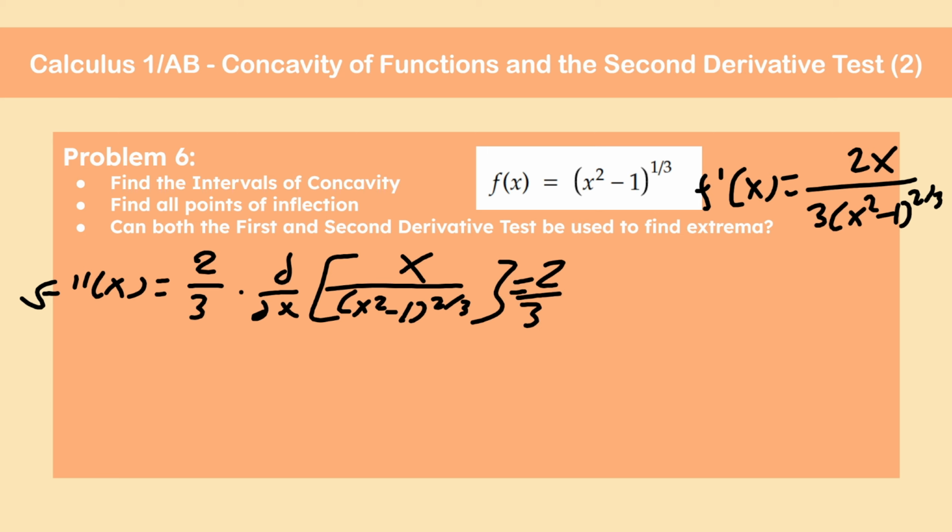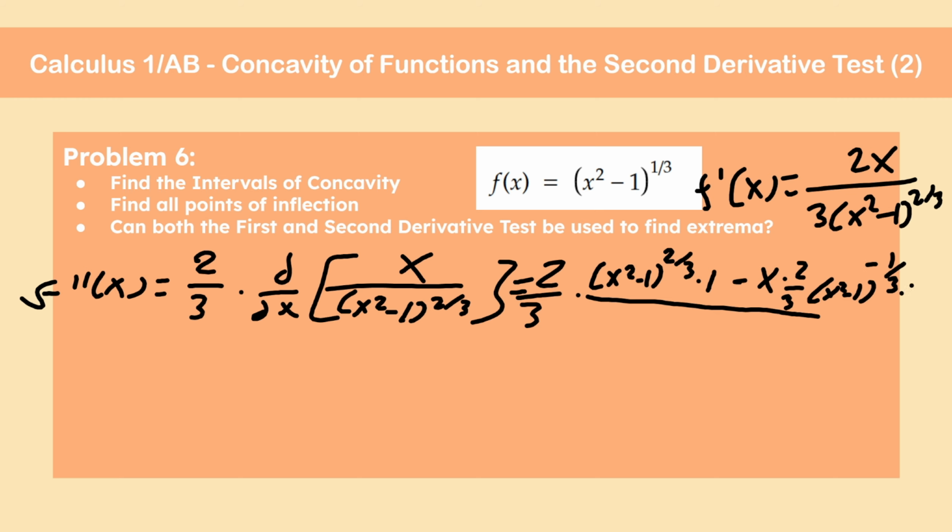So now we have 2 over 3 multiplied by (x squared minus 1) to the power of 2 over 3 multiplied by 1, minus x multiplied by the derivative of the bottom. So we got 2 over 3 times (x squared minus 1) to the power of negative 1 over 3 multiplied by 2x, all over (x squared minus 1) to the power of 4 over 3.